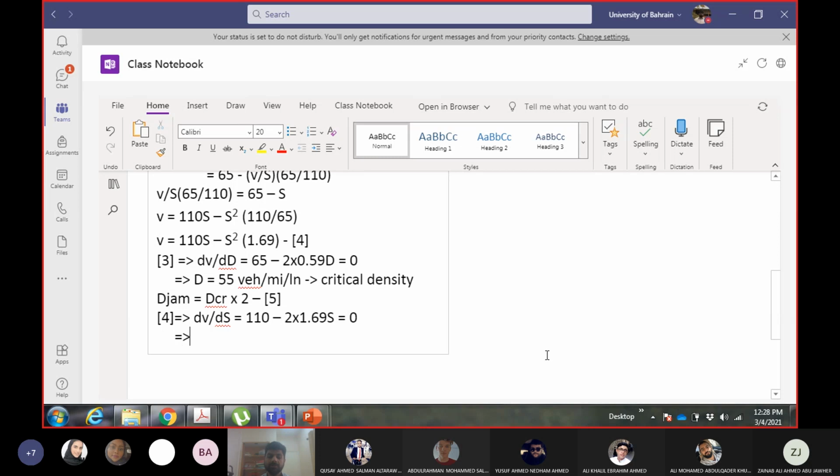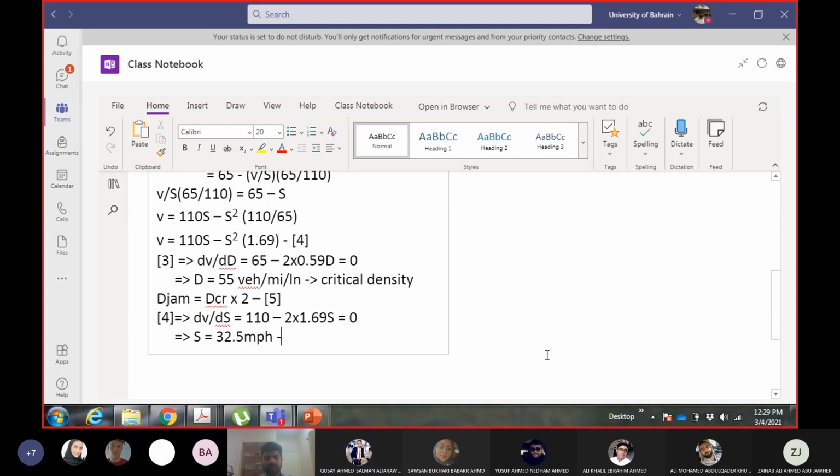So how much is s here? 32.5. 32.5 miles per hour.